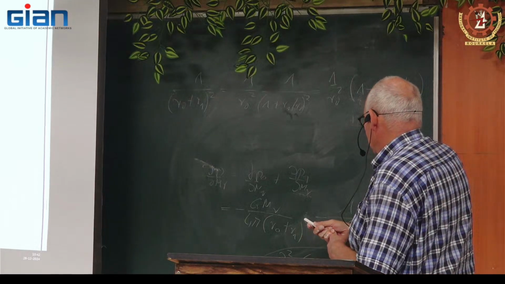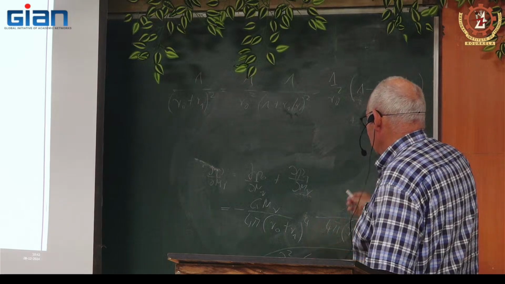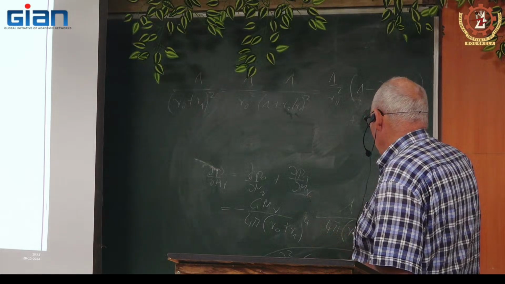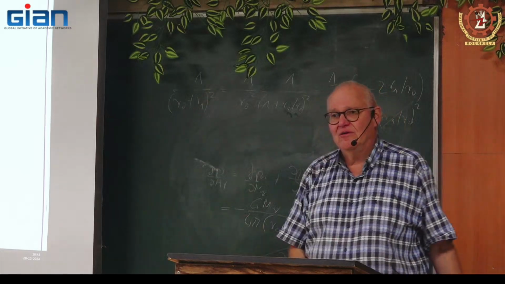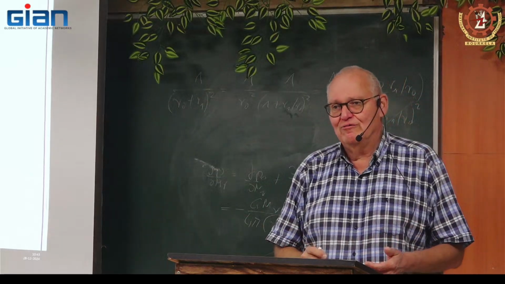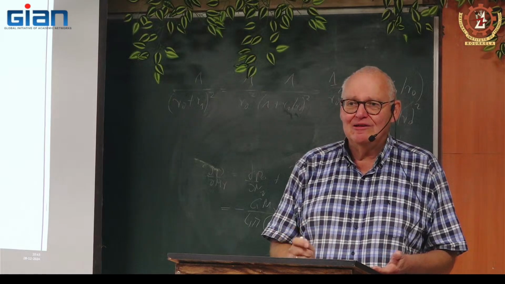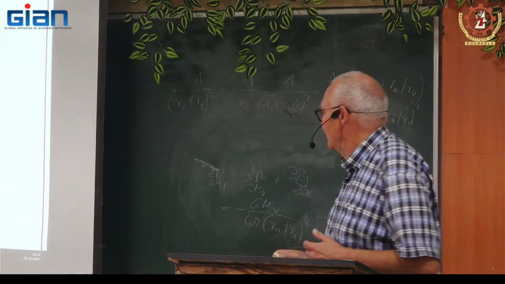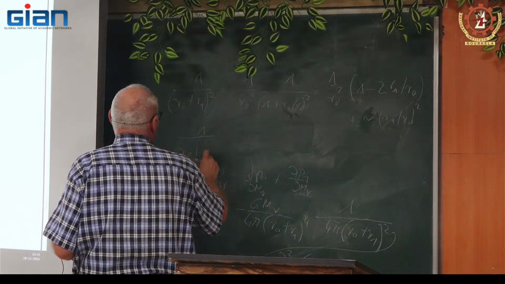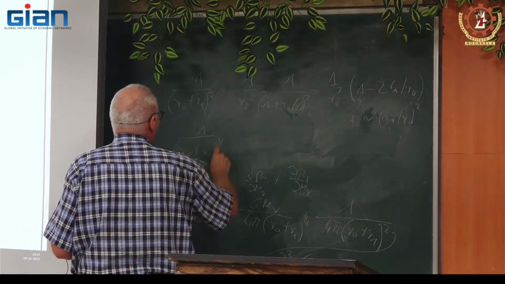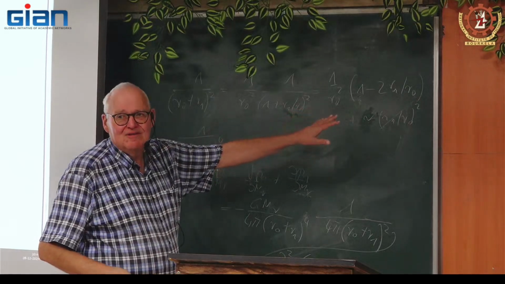Okay, so we have the following relation here. For 1 over (r0 plus r1) to the power 4 we will have the linearized version, which gives a similar result.